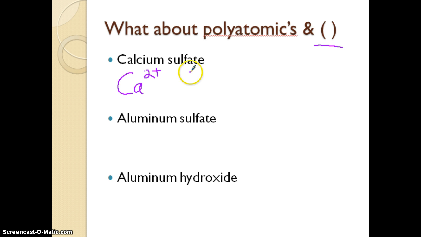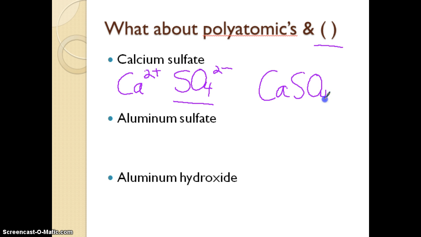But sulfate has both sulfur and oxygen together, so it is a polyatomic ion. Calcium is 2 plus, sulfate as this entire unit is 2 minus. Well, calcium wants to lose 2, sulfate wants to gain 2, so I just need one of each. And there I have my formula for calcium sulfate.